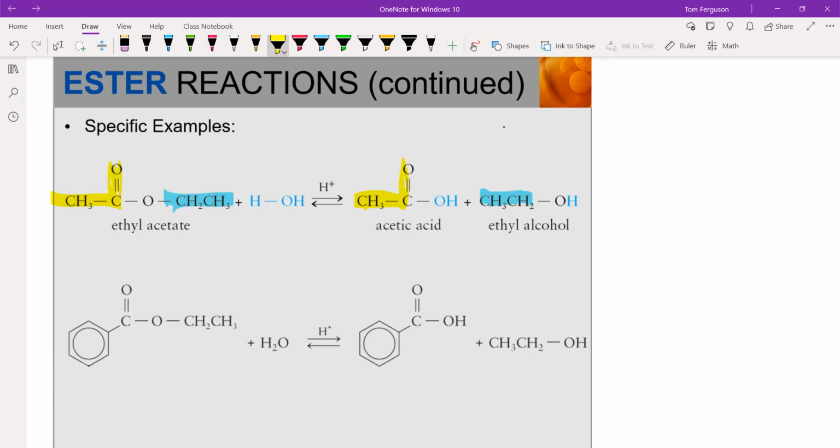Notice here, no heat is required, just acidic environment.